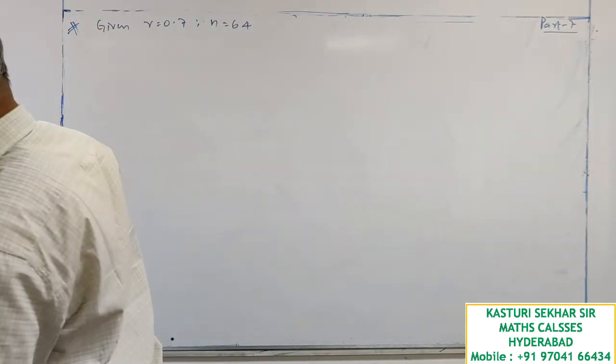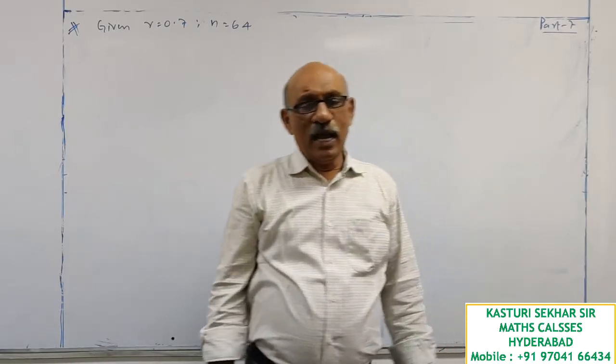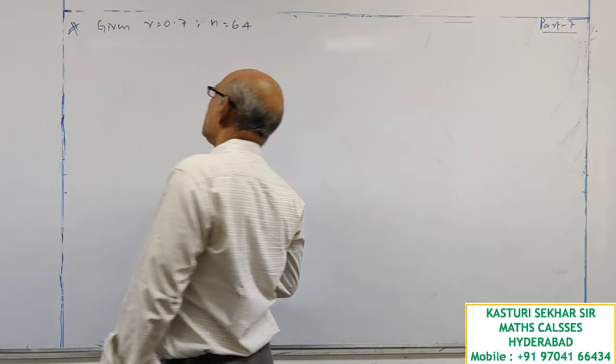We have to calculate probable error and the limits for coefficient of correlation for population.